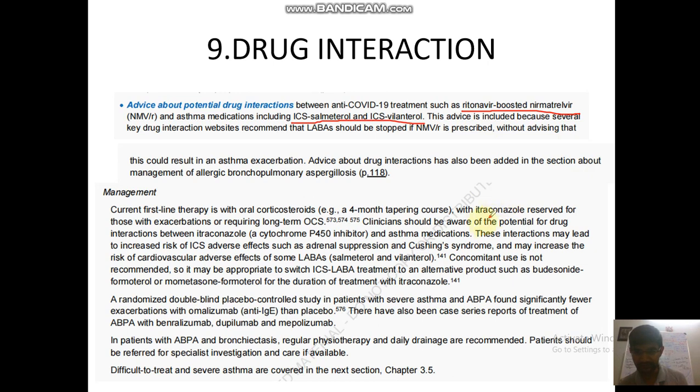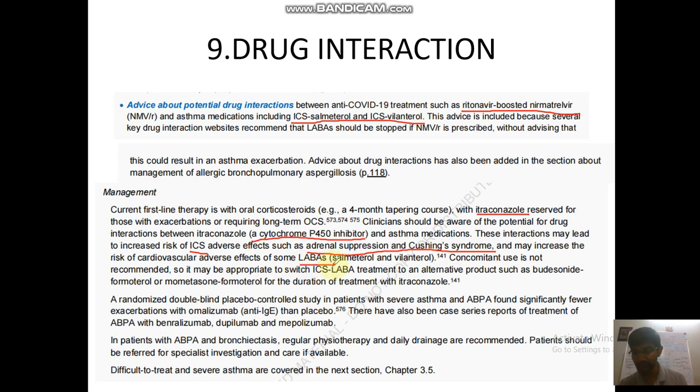Second, in an ABPA patient, when you are using itraconazole, as you all know, itraconazole is a cytochrome P450 inhibitor. So it increases the risk of ICS and OCS, that is oral corticosteroids, and it can cause adrenal suppression and Cushing syndrome. First thing. Second, it can increase the adverse effect of the LABA.